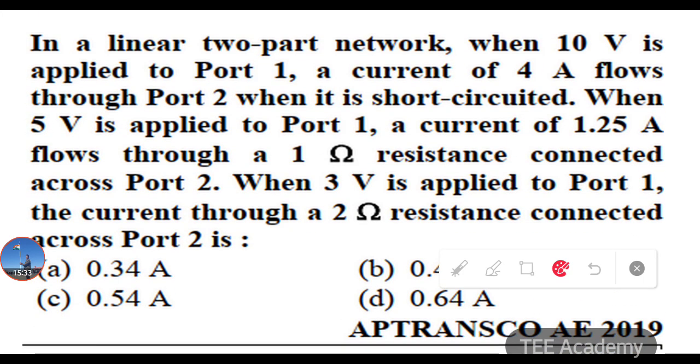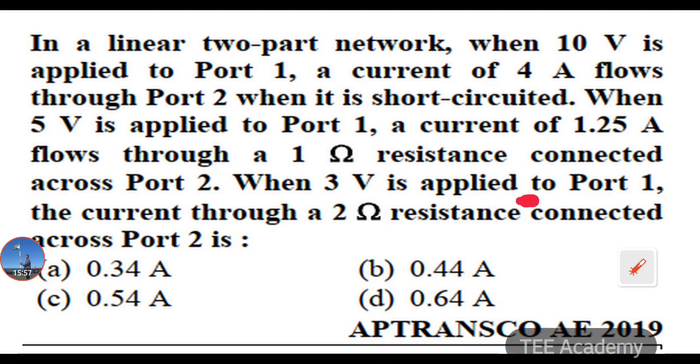Okay, so next question here, two port network. In a linear two port network, when 10 volts is applied to port 1, a current of 4 amps flows through port 2 when it is short circuited. When 5 volts is applied to port 1, a current of 1.25 amps flows through the 1 ohm resistance connected across port 2.